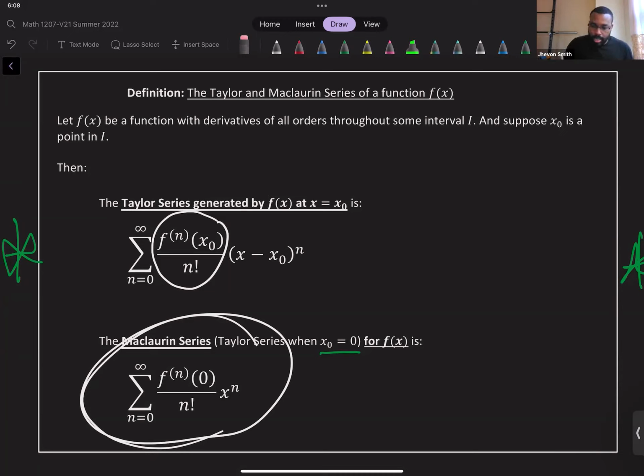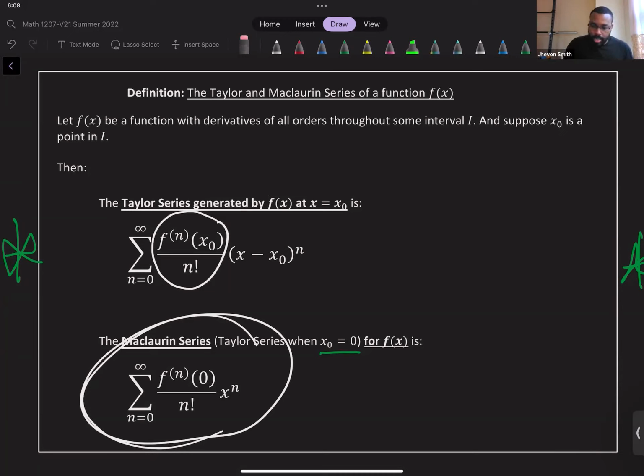The reason why you might actually care about the general form of the Taylor series is because of what we had earlier. Here, we had a very limited interval of -3 to 3. It turns out sometimes you can do this mathematical trickery where you can move your interval to where you need it by shifting the center.